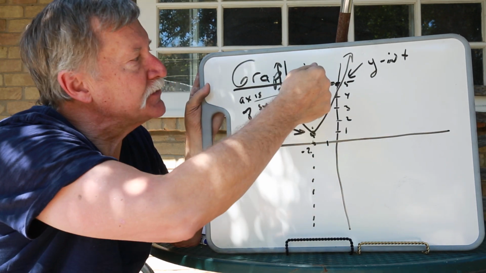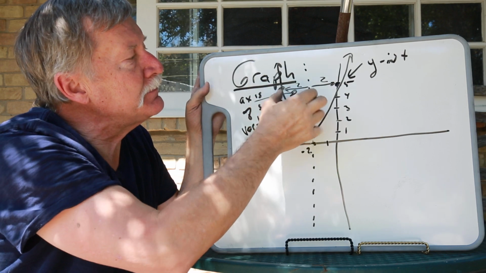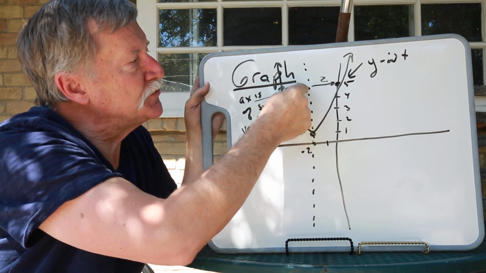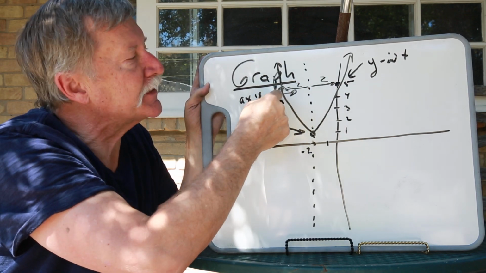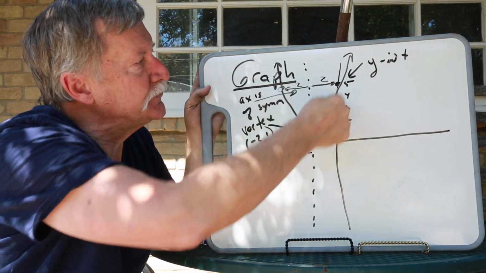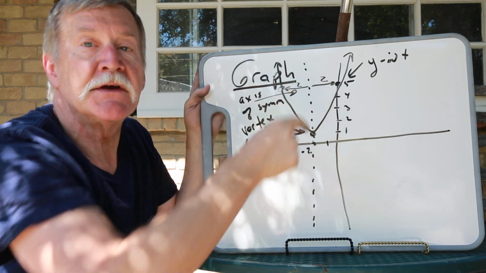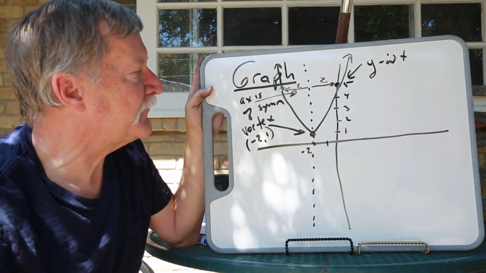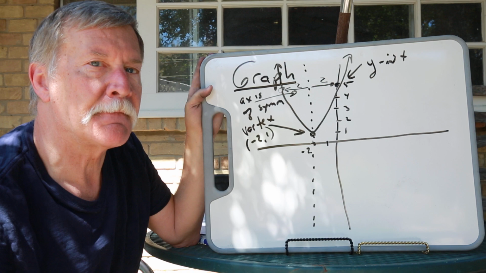So its mirror image point will be 2 units away in the other direction from the axis of symmetry, right here. And that gives us 3 points that we can use to draw the graph of this parabola.